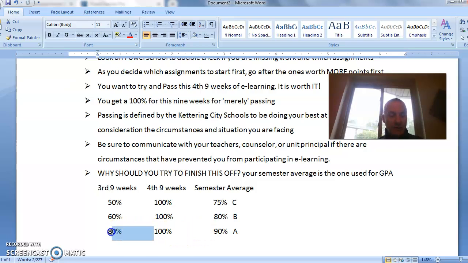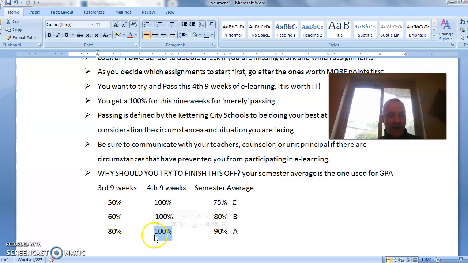Some of you might have had an 80% last 9 weeks, and you're like, well, there's no way I can ever get an A average for the semester. It's not impossible, not with the fourth 9 weeks being worth 100%. Again, you participate in e-learning, you pass the e-learning, you automatically get 100%.